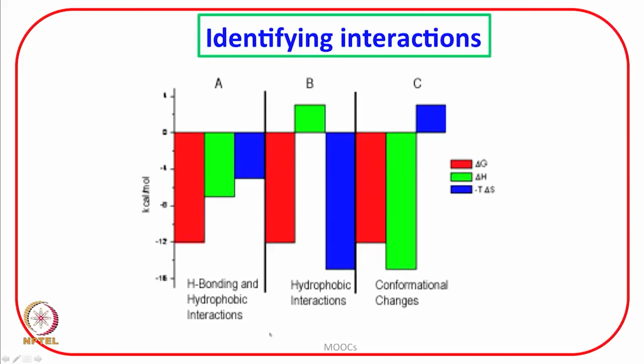And if there is a predominance of hydrophobic interactions, let us take a look at the middle panel. Predominance of hydrophobic interactions is associated with endothermic effects. Delta H is positive and delta S is also largely positive.